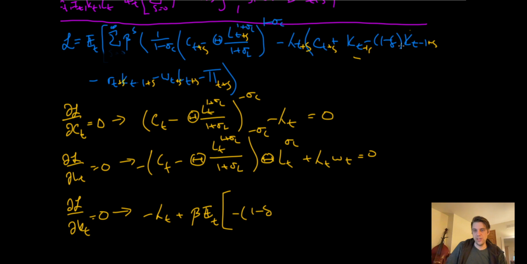So minus lambda t times minus 1 minus delta KT. So we're going to get lambda t plus 1 times 1 minus delta, and then plus RT plus 1. And this looks right. And that all equals 0. Yep, this looks right.